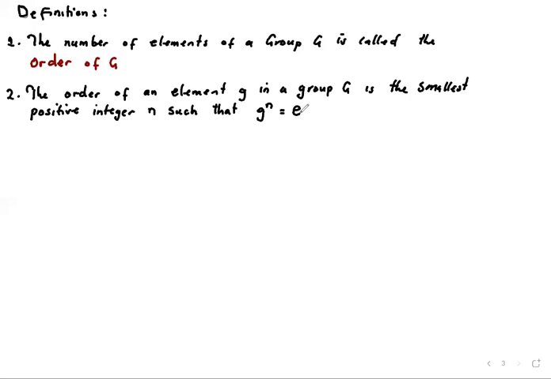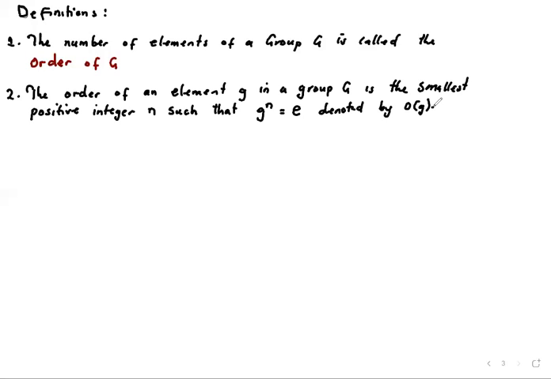So if a group G is an additive group, then you expect to get 0 when you do n g, and if it's multiplicative, you do the same thing. And it is denoted by order of g. That is the order of an element. Okay, this one is easy.